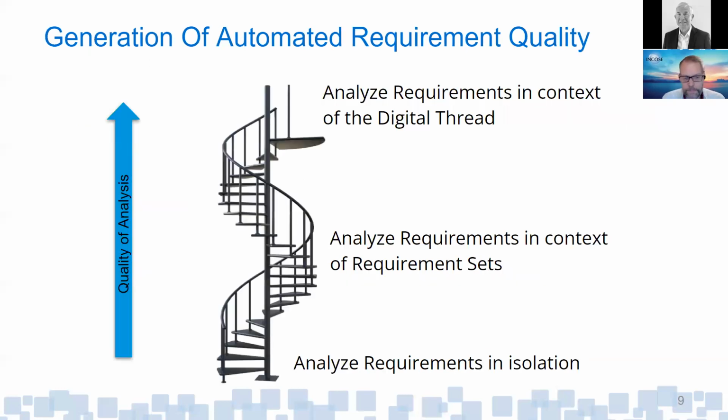So a little bit of our journey here. We went through, I would say, 3 generations, actually 4 generations, where the first generation of requirement analysis that we used was basically no requirement analysis.